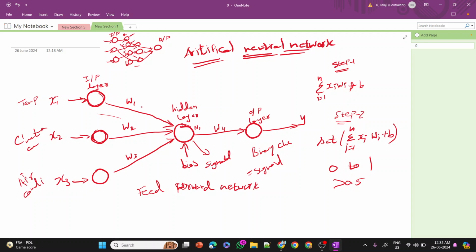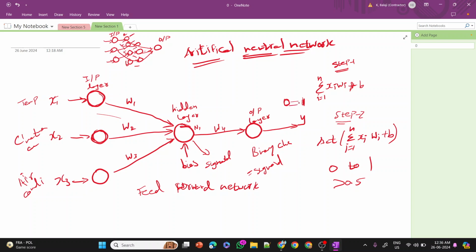Okay, whenever we train this neural network, for example, the output of the neuron is, let's assume, 0, but for this input the actual value is 1. So this overall ANN network is not trained well, because for this input data the output should be 1, but this neuron gives output as 0.